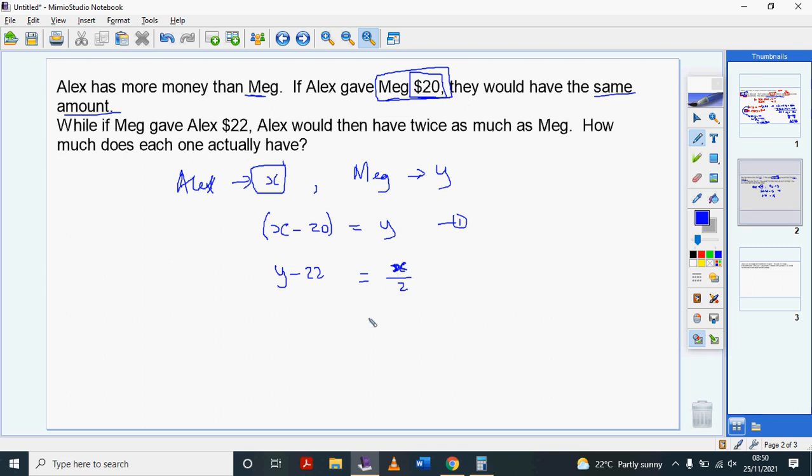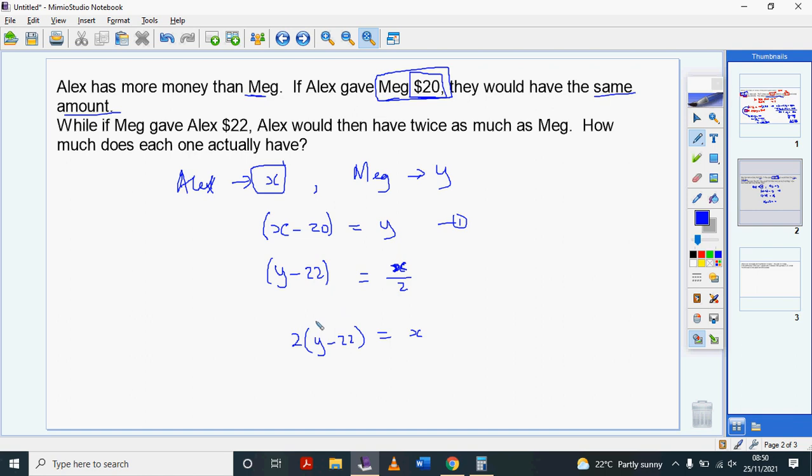I know you guys are wondering, why is it X over 2, if it says twice as much as Meg? If it's twice as much as Meg, then Meg only has half as much as Alex has, right? I hope that makes sense. Or if I multiply both sides by 2, then you can see that Alex, which is X, will still have twice as much as what Meg has left, right?